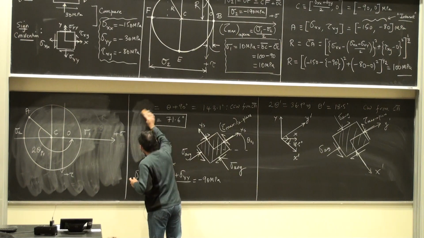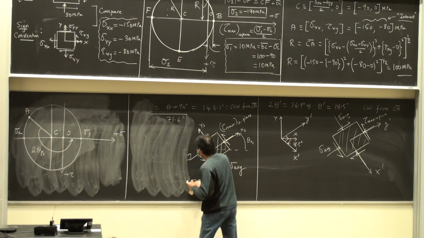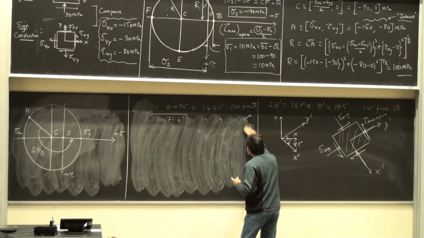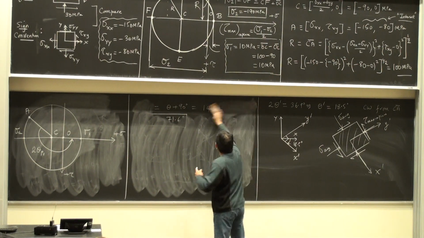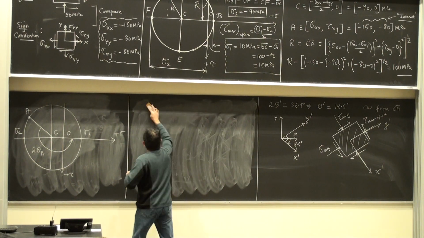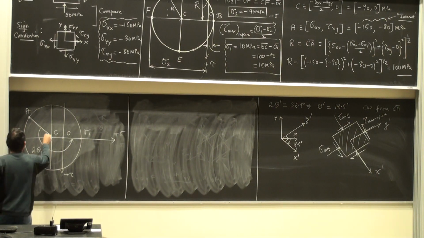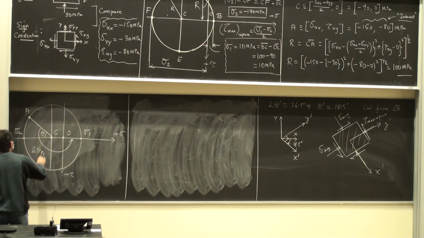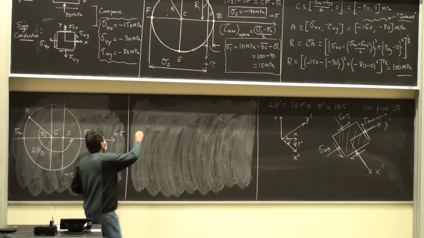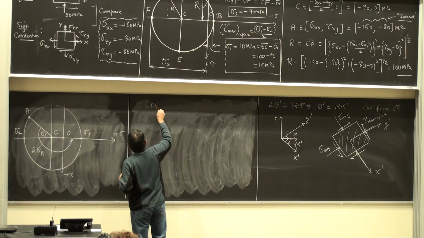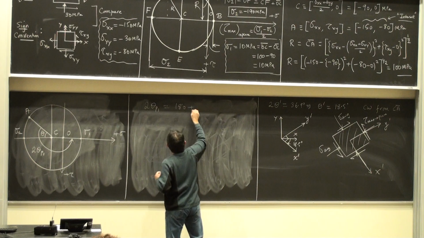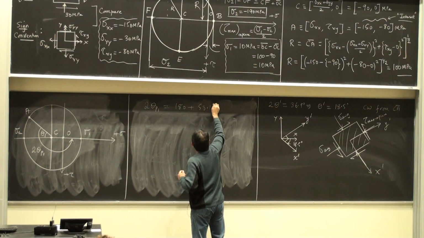2 theta P1. That's going to be 180 plus the theta angle. So 2 theta P1 is 180 plus 53.1.